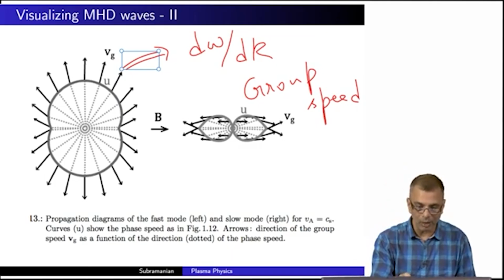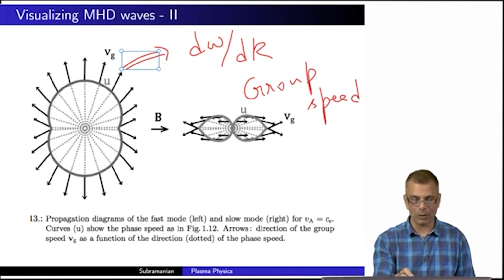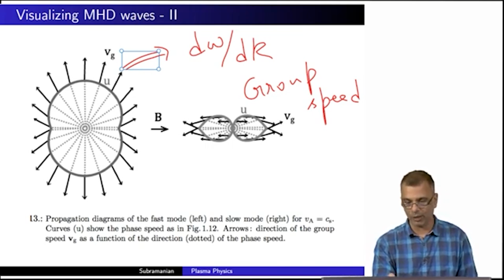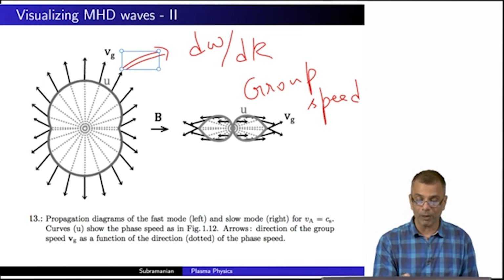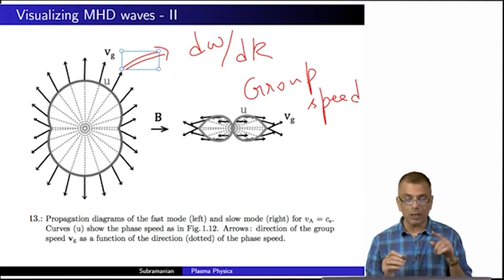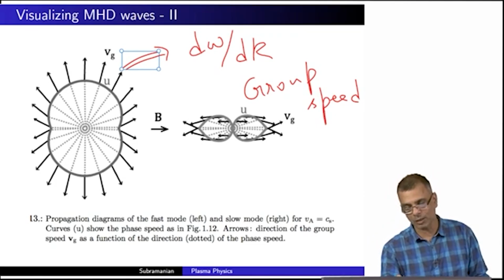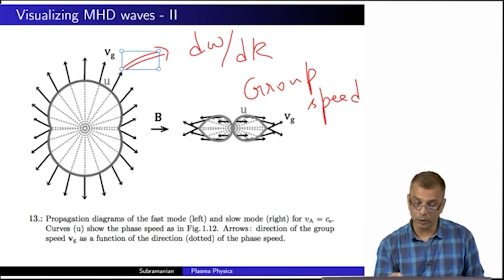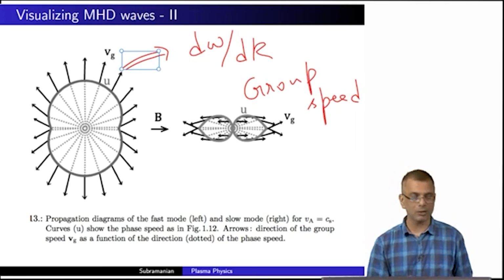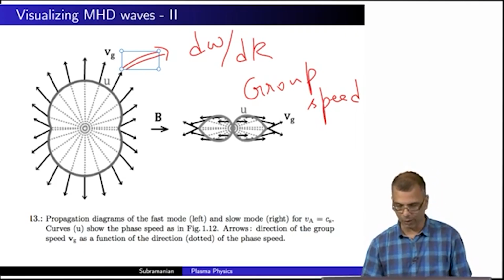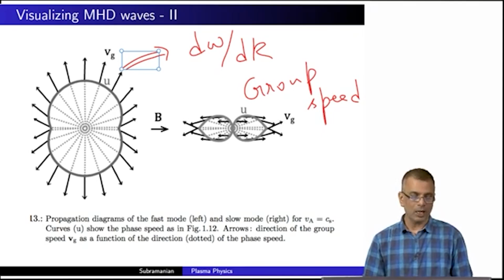Sometimes they do. When you're exactly perpendicular to the magnetic field direction, they do, but not always. Especially when you're going along the magnetic field direction, there is a considerable difference between the direction of the group speed and the phase speed. So this is another way of visualizing these things.